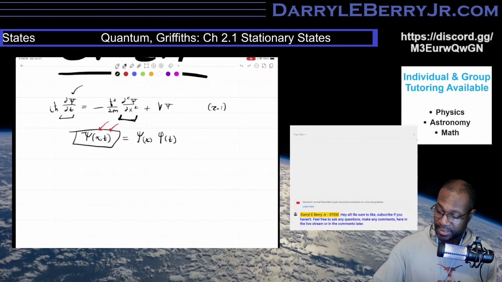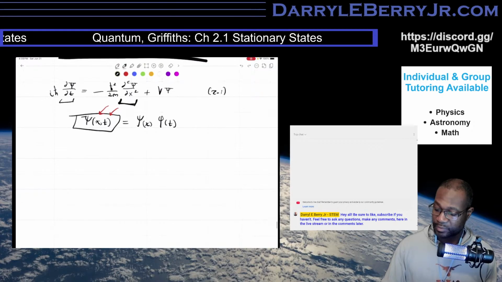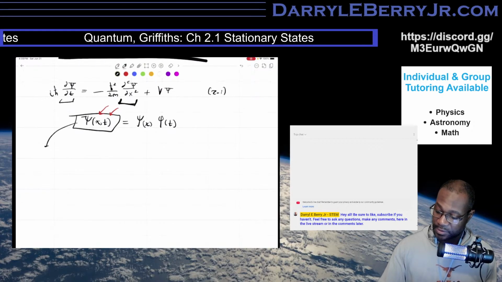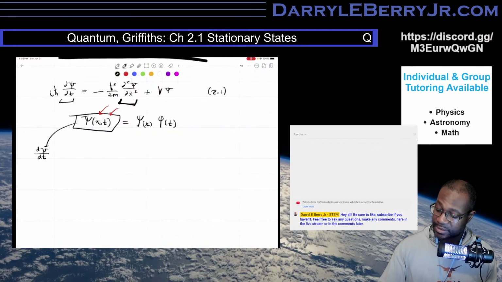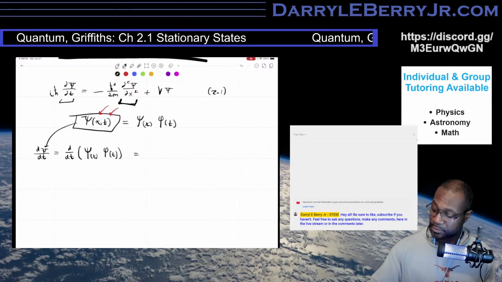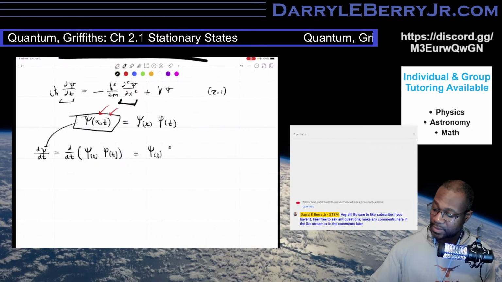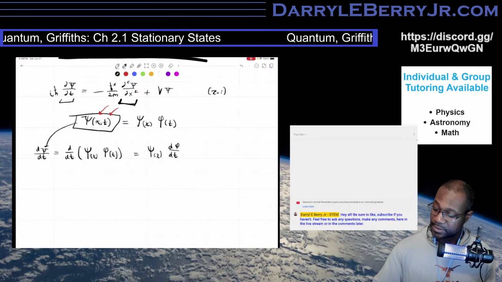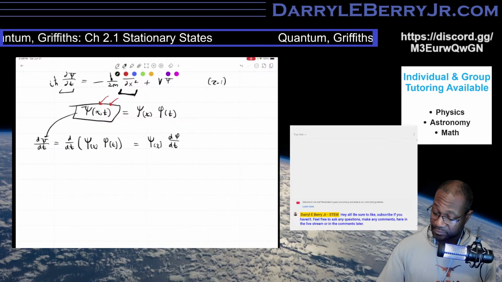We see that this is a first derivative with respect to t. So if I take d capital psi dt, that'll be d dt of this when I plug this in, so that'll equal psi of x times d phi dt. And now we have the same thing with respect to x.